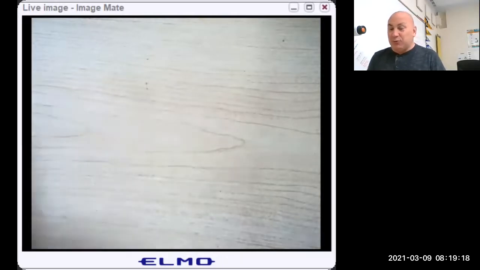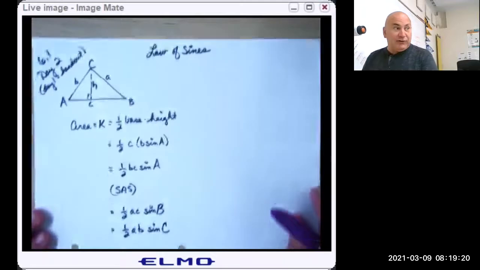Side angle side, we have to use the law of cosines, which we haven't learned yet. Angle side side, where you're trying to find a second angle, is a pain because you have to assume two solutions.